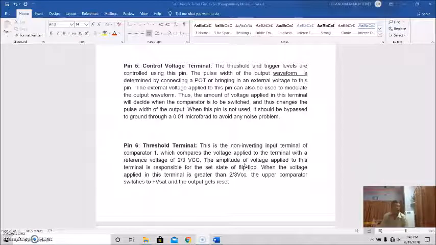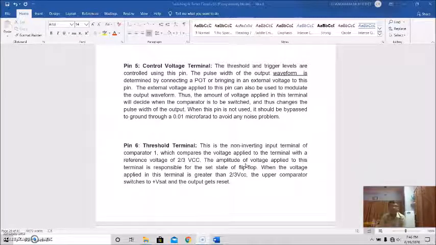Since this pin is known as the control voltage terminal pin, the threshold as well as trigger levels are controlled using this pin. The pulse width of the output waveform is determined by connecting a pot or bringing an external voltage to this pin.